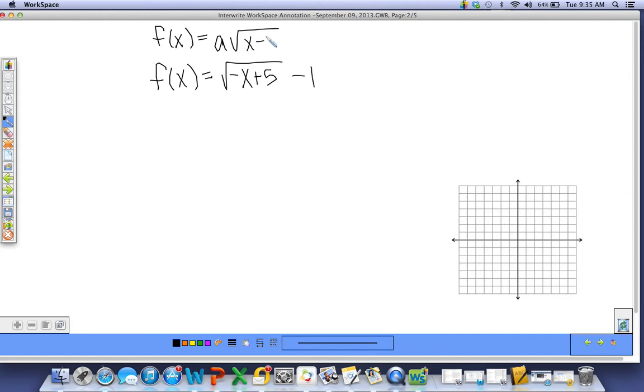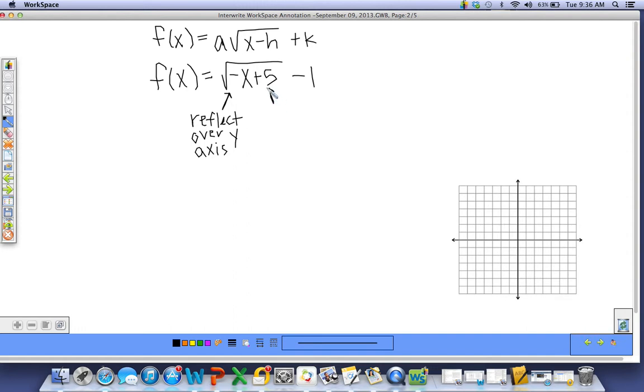It's now going to flip over the y-axis. So this negative is going to reflect over the y-axis. And I'm going to show you just how we do that. It's a little bit different than what we're used to.